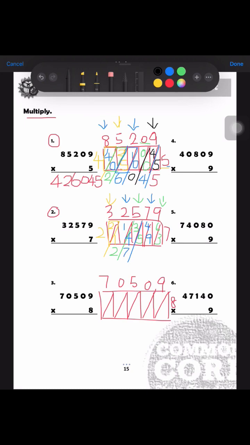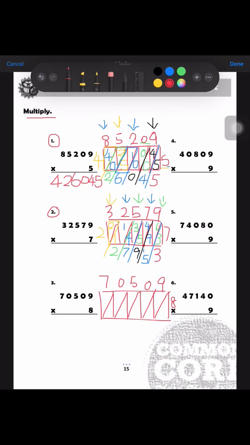And then 4 plus 5 equals 9. And then 6 plus 9 equals 15, right? So we regroup as 1, 10, and 5.